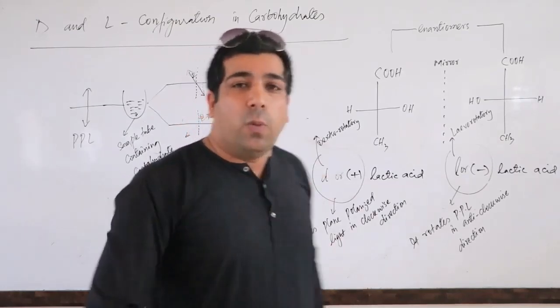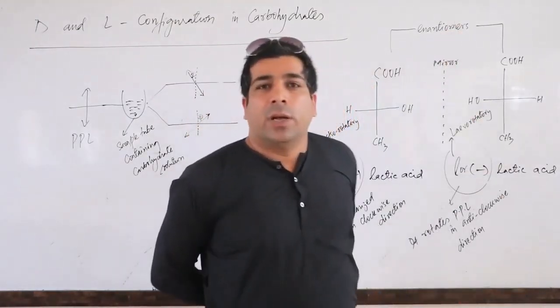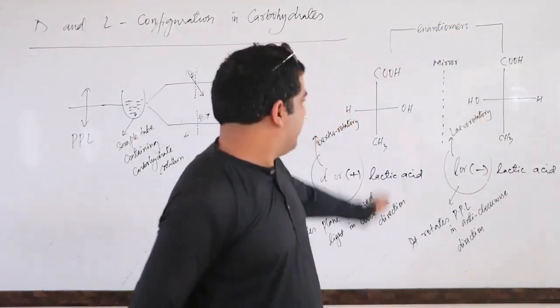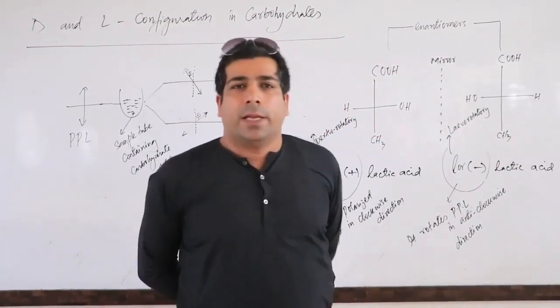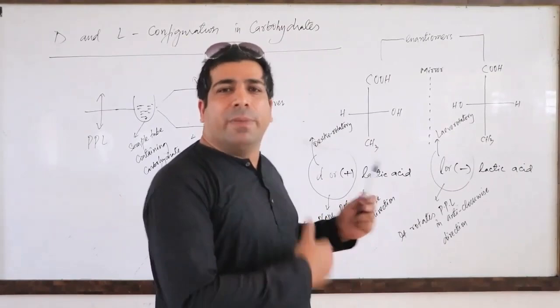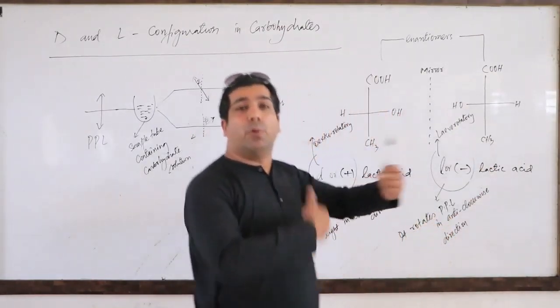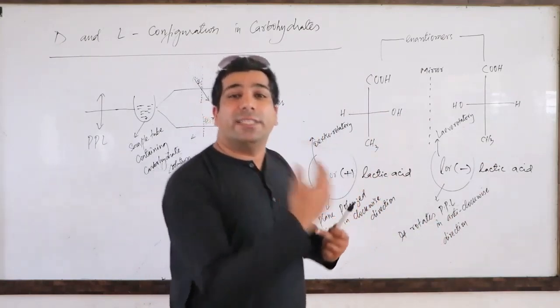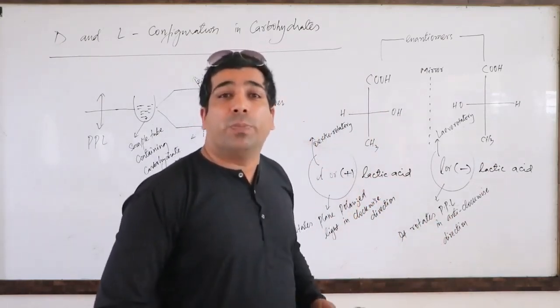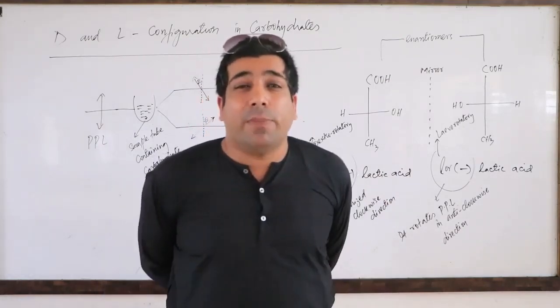So once again, what are enantiomers? Molecules, chiral molecules, okay, those chiral molecules which are basically mirror images of each other. They are mirror images of each other, means exactly opposite, non-identical, non-superimposable mirror images with same chemical properties.